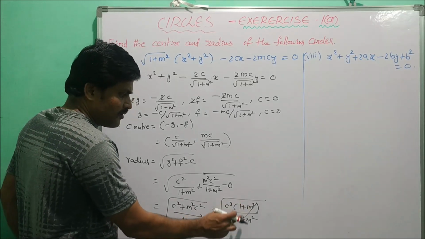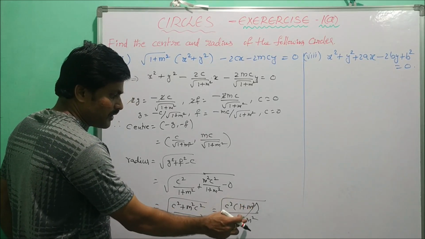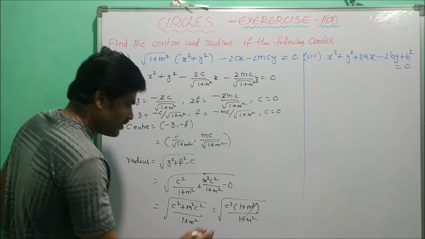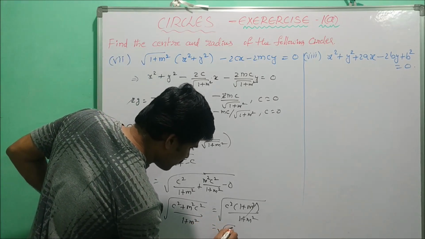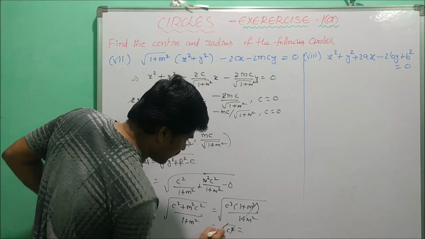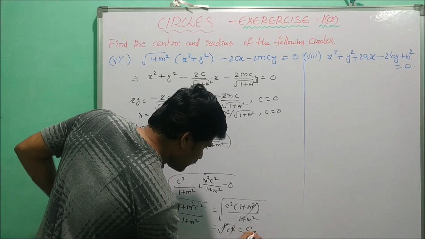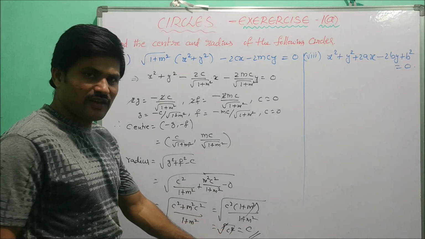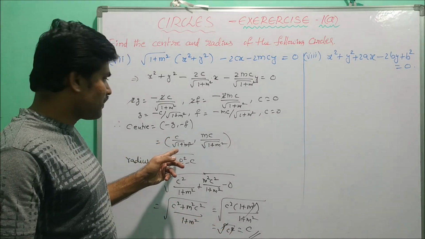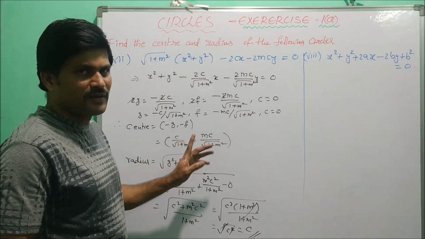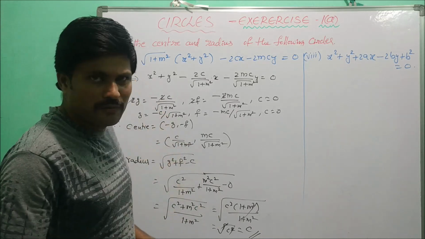So in this 1 plus m square, 1 plus m square both numerator and denominators are cancelled. Now here we write square root of c square. Here square and square root will be cancelled. That value is c. So radius equals to c. Center is c by square root 1 plus m square, mc by square root 1 plus m square. This is the solution for this problem.